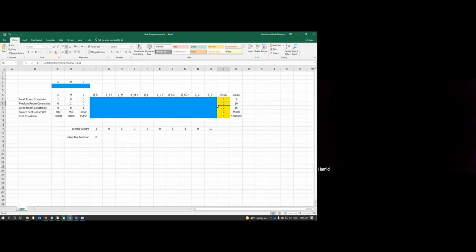Same for large rooms, square feet, and also for the cost, we are taking care of decision variables and also deviation from the ideal goal. So later on, this yellow cell should be equal to our goals, and the rationale is here.